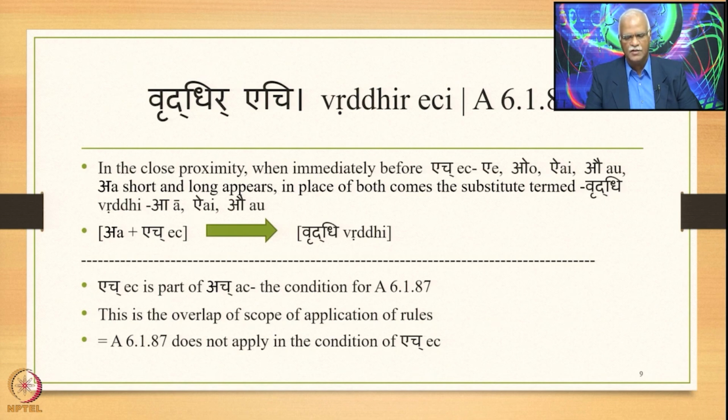And this should not be the case, and that is the reason why 6.1.87 does not apply when Ech is the environment. 6.1.87 does have scope of application elsewhere.